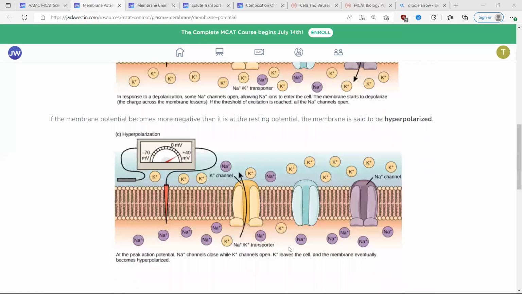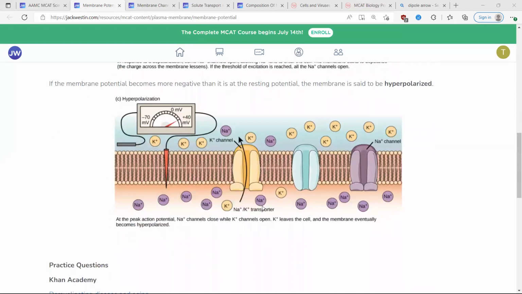So we were polarized, then we became depolarized, and now we passed that and became hyperpolarized, because the sodium comes in more and more and it actually flips it, and the membrane potential is now positive. When that happens, the cell will open K+ leak channels to get the potassium out, which is another way to dump the positive charge.